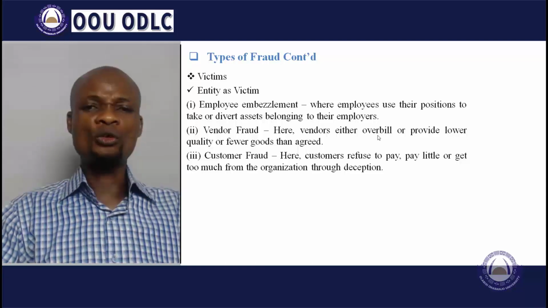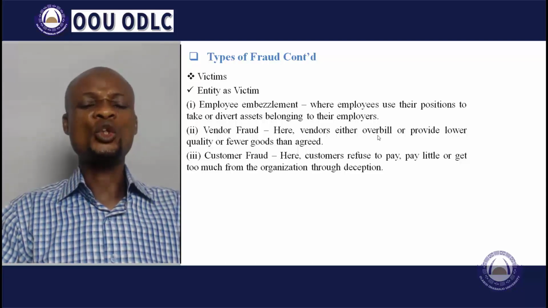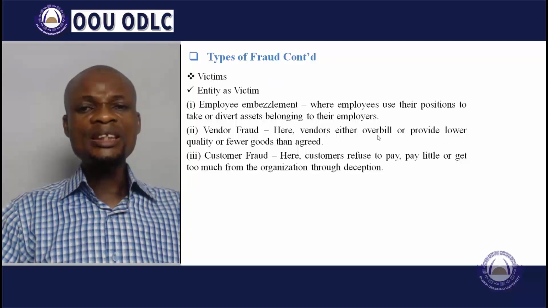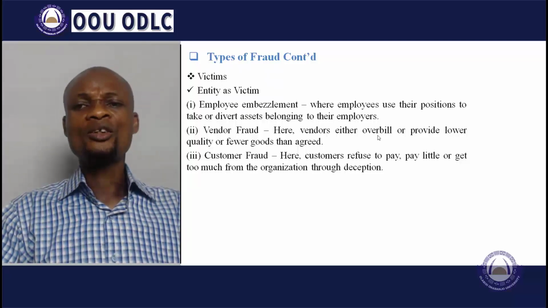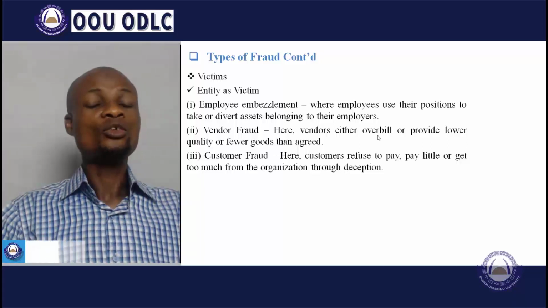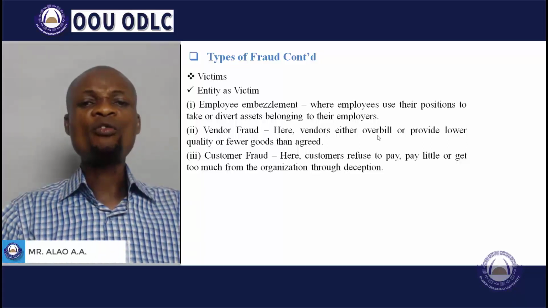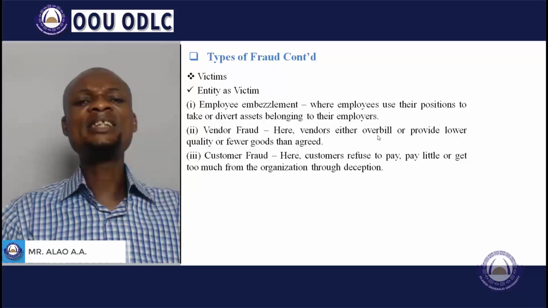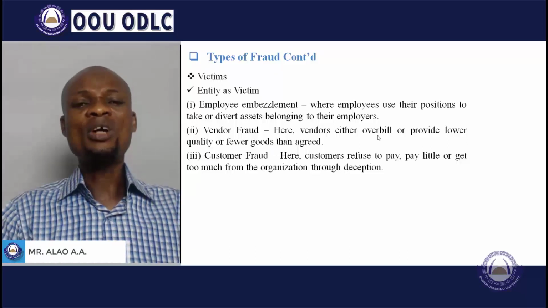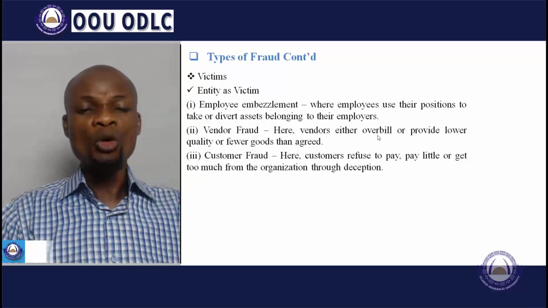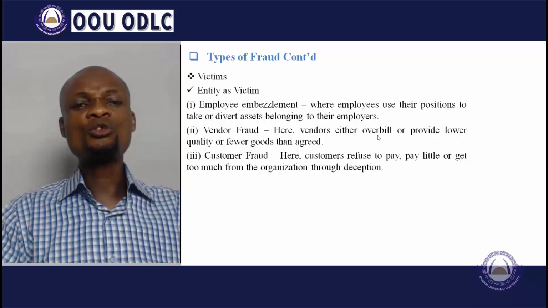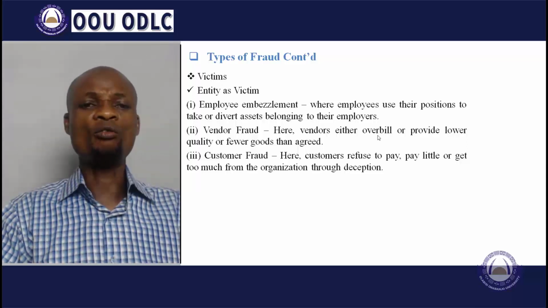Also, we have vendor fraud. This is a fraud related to the suppliers, those that supply materials to the organization. They engage in overbilling or provide lower quantity or lower quality or fewer goods than agreed. All these are vendor fraud. And if you look around our organizations today, most suppliers, most vendors do engage in this kind of fraud.